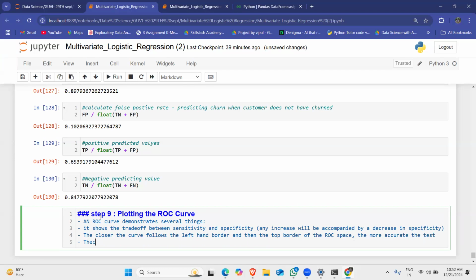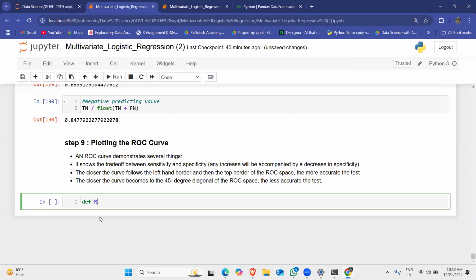And the closer the curve comes to the 45-degree diagonal of the ROC space, the less accurate the test is. So I'll define ROC curve, draw underscore ROC.